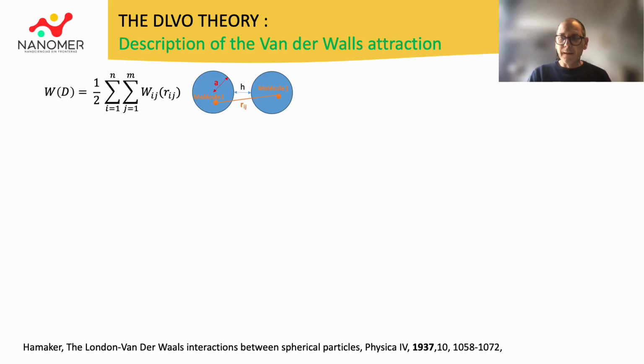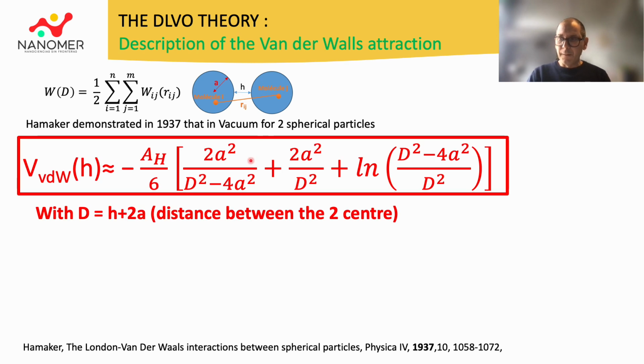Hamaker demonstrated that in vacuum, for two spherical particles, this total van der Waals interaction is equal to this equation that depends only on the size of the particles and the distance between the two particles. And it depends on a term here that is called the Hamaker constant of the system studied.